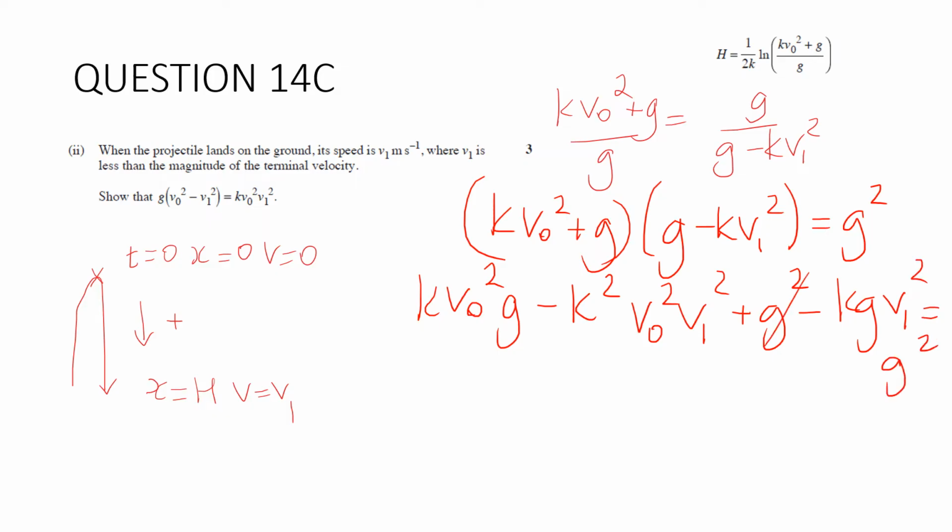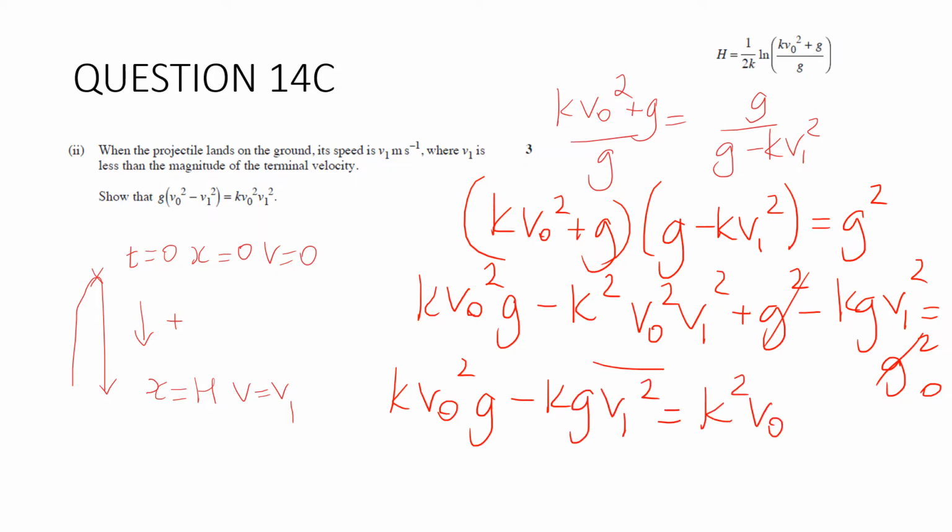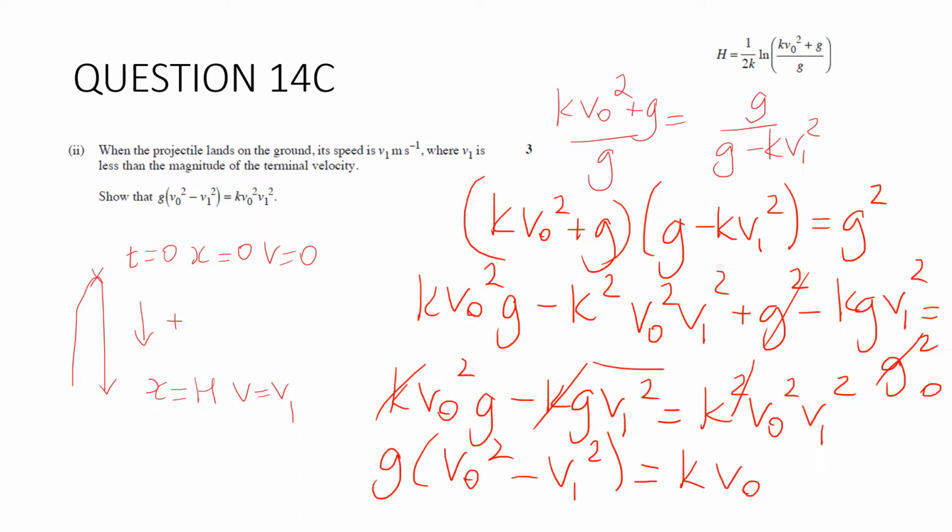All right, they will cancel. And we want this guy to go to the other side, so we've got kv naught squared g minus kg v1 squared is equal to k squared v naught squared v1 squared. One of those k's will cancel out, and factorising we get g (v naught squared minus v1 squared) is equal to k v naught squared v1 squared.